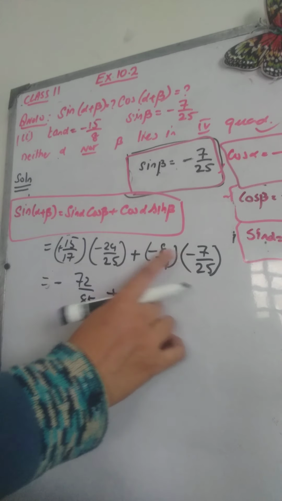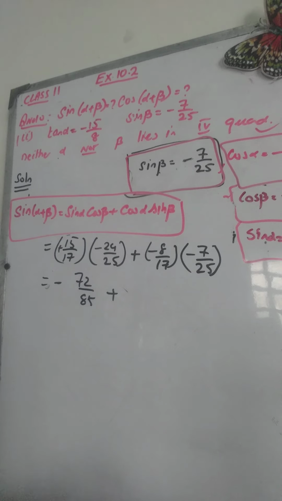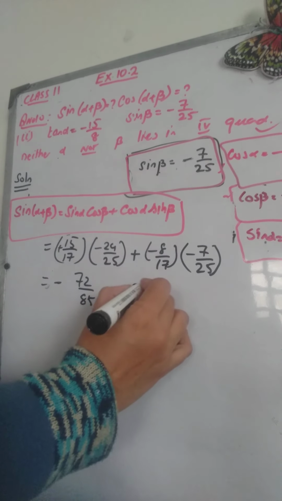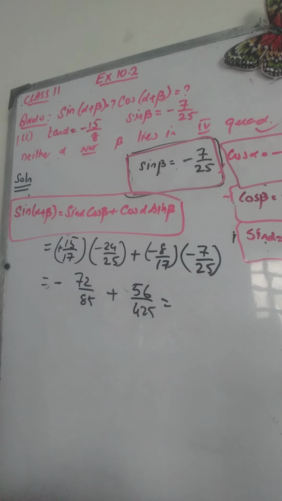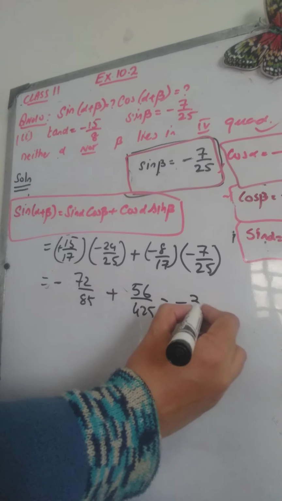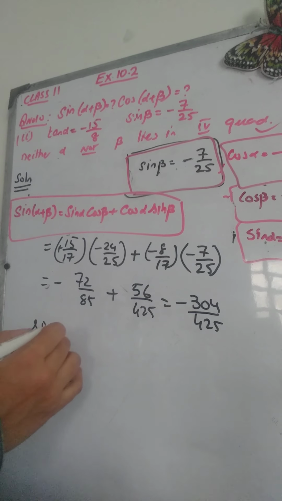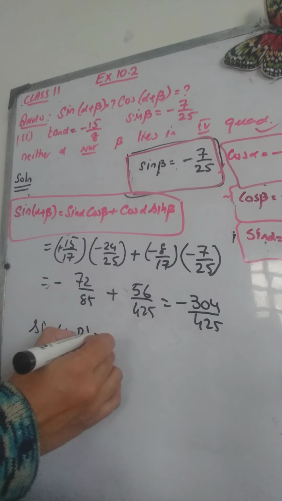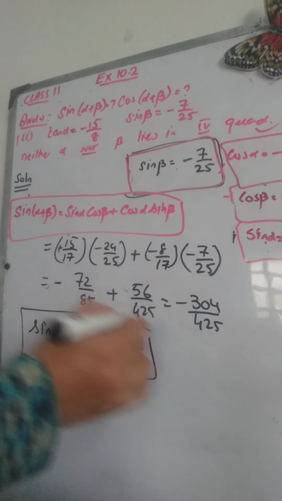Plus, minus times minus will be plus, so this sign will remain as plus. 8 by 17 when multiplied with 7 by 25 will give us 56 over 425, and after subtracting these two we will get the answer negative 304 over 425. So sin alpha plus beta is equal to negative 304 over 425.